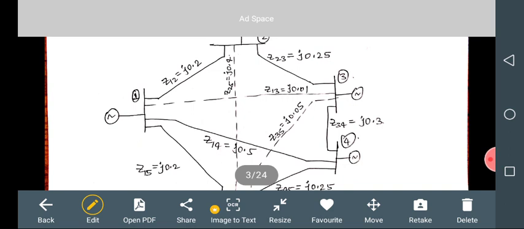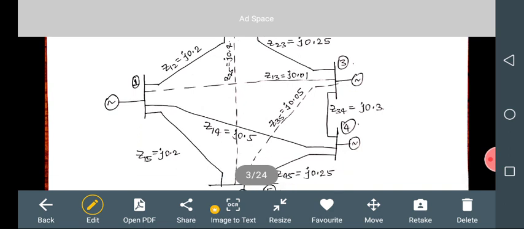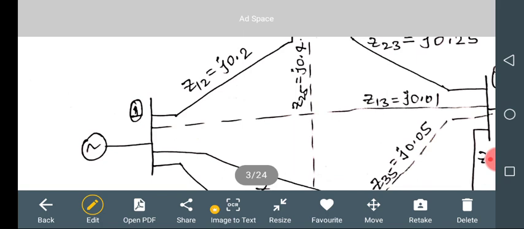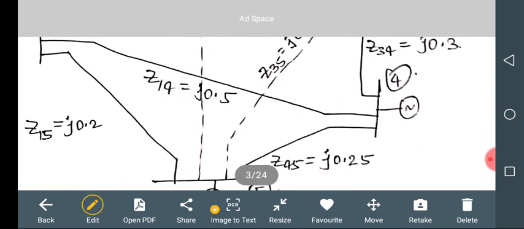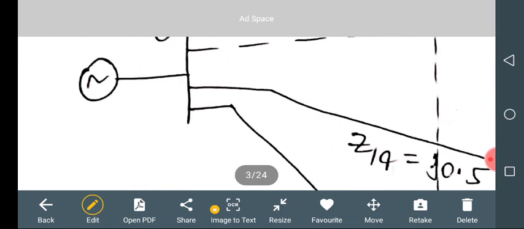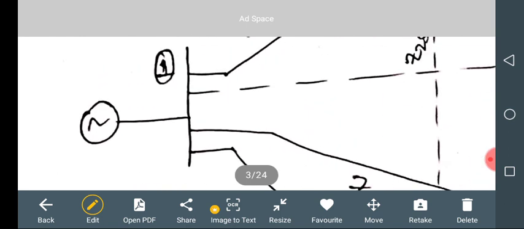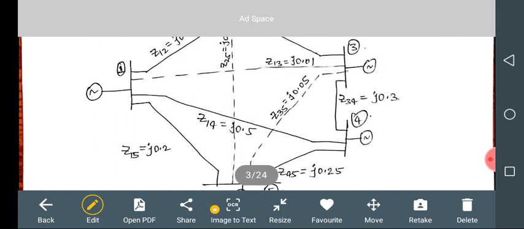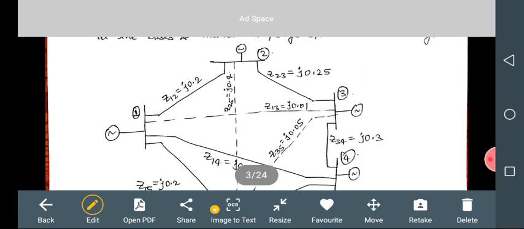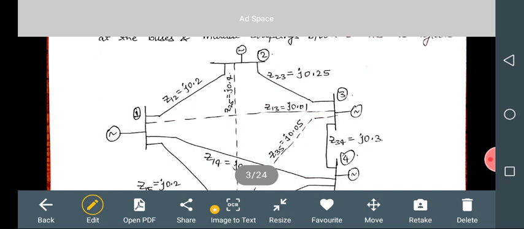So by seeing this network, we can clearly say that there are 5 buses connected, and also all the buses are generator buses. How? See, bus number 1, 2, 3, 4 and 5, and we have clearly mentioned the symbol of generator buses. All the 5 buses are generator buses.